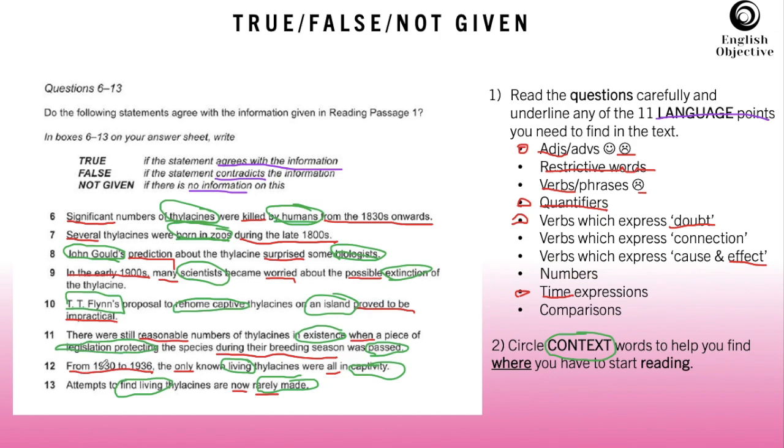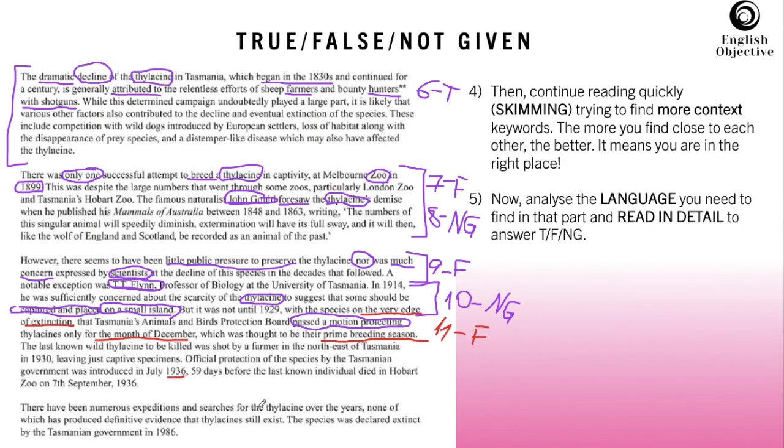Question 12. I have a time expression that is always very helpful to scan in the text without even reading, just looking quickly. And then known living thylacines captivity. So let's have a look at the numbers. Okay, I do have 1936 and I do have 1930, which means that again I would have to read carefully, looking for my context keywords and my language keywords.